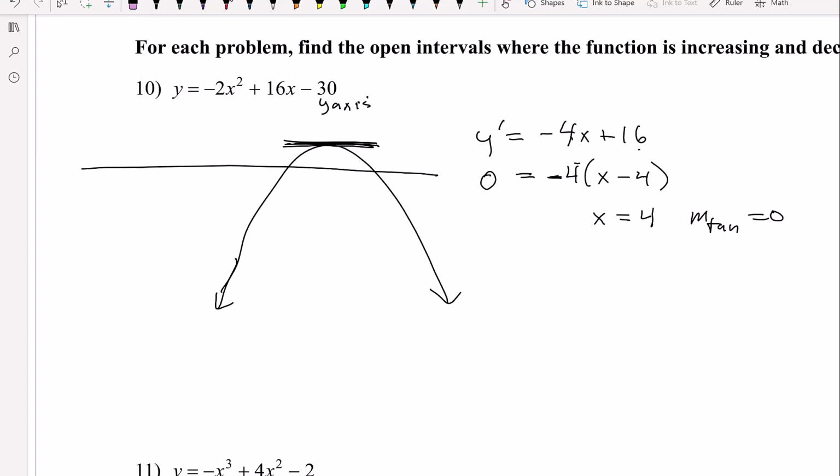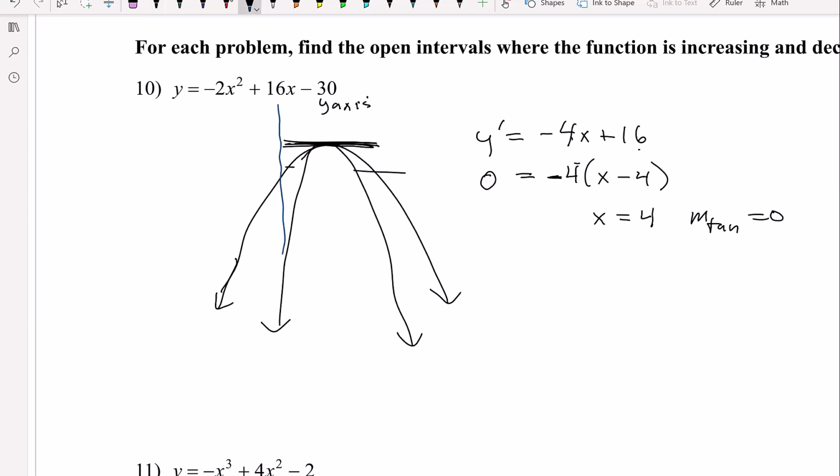No, that's not very good. So I'm going to draw the graph maybe more like this. So if this is the y-axis right here, this might be negative 30, and this is a positive 4.